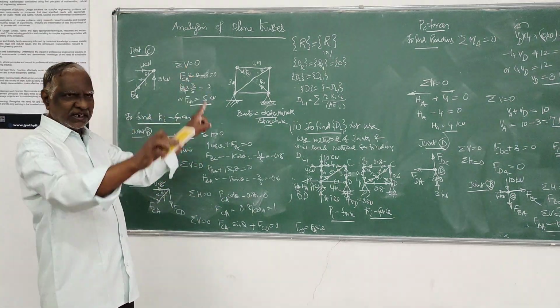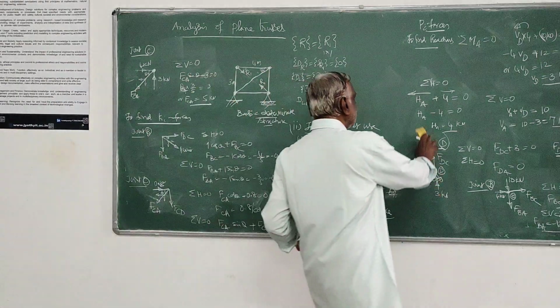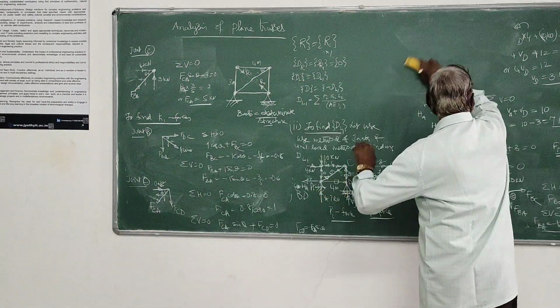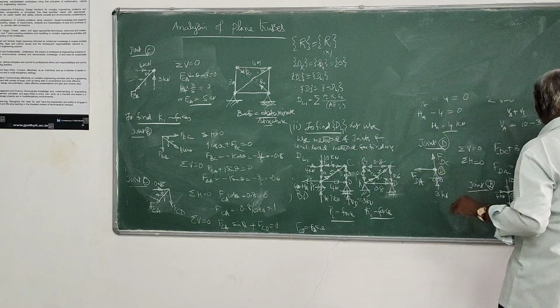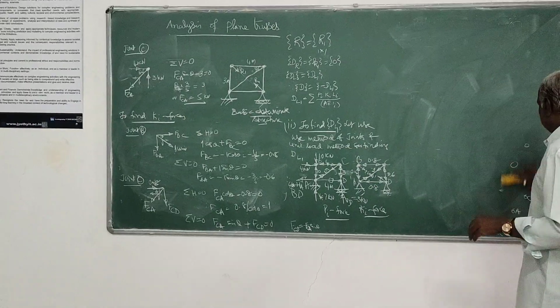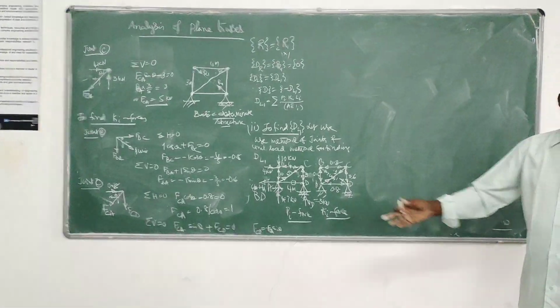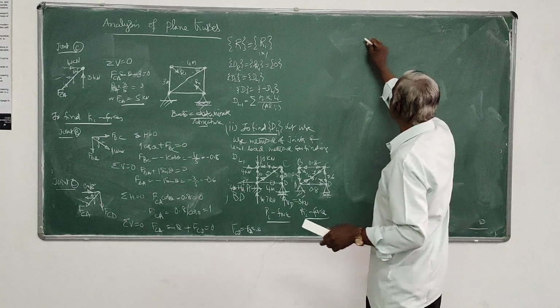Now you have to tabulate and find the internal member forces by adopting the sign. So next you tabulate all the results. That is your third step. The second and third step I have already clubbed. Both P and K analysis I have done together, as I told you.